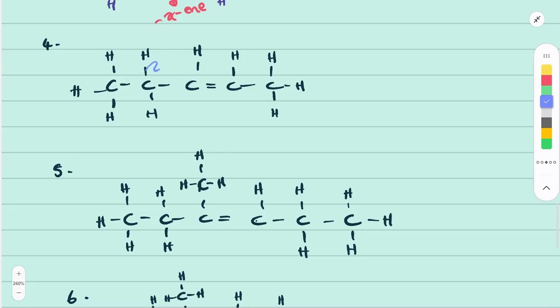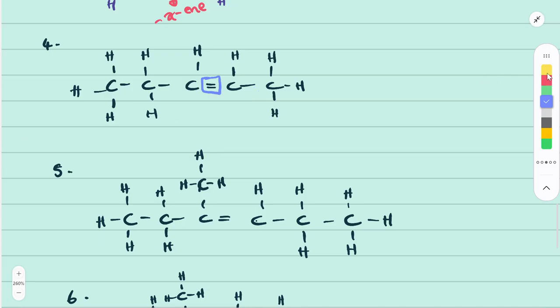So let us check here. This double bond is here, right? Since this double bond is here, we see that it is 2 carbons away from the right, and it is 3 carbons away from the left. So obviously it is closest to the right hand side. So that's where we would start numbering our molecule.